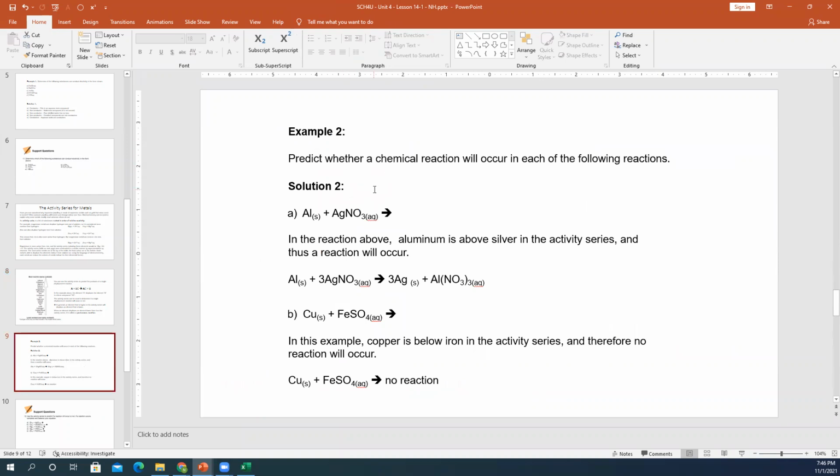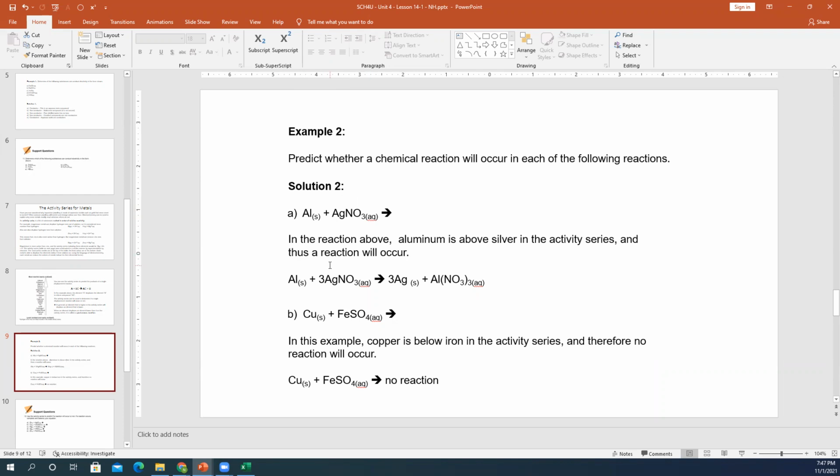So in our second example here, predict whether a chemical reaction will occur in each of the following reactions. So aluminum plus silver nitrate. Aluminum in its elemental form, solid aluminum, plus silver nitrate in its aqueous state.